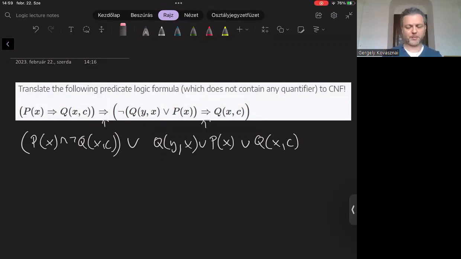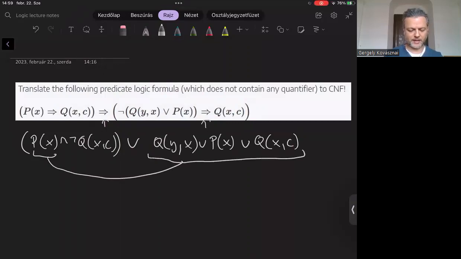And you probably remember what we can do in such a situation. We can apply the laws of distributivity. In this case, I'm going to apply the laws of distributivity to this operand, and I will connect it with the rest of the formula, and similarly I will connect this part and connect it with the rest of the formula.